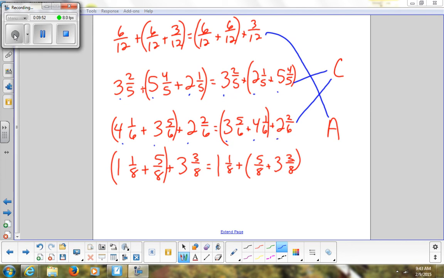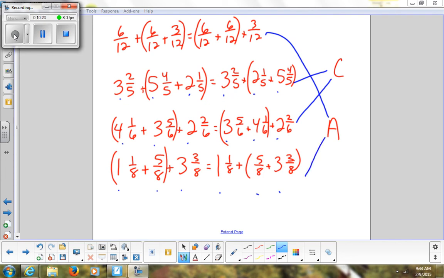The order of the numbers. Okay, so the order of the numbers for this one is 1, and then a single fraction and 3. Does the order change? No. So if the order doesn't change, then it's associative.